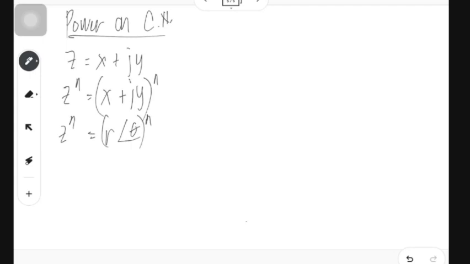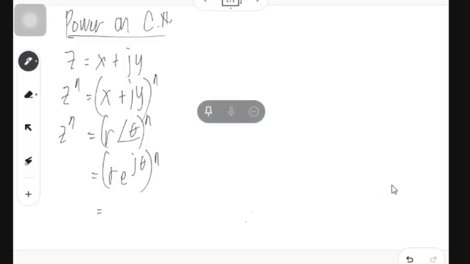So what we have to do is to convert polar into exponential. And under the exponential form, you have r e to the j theta. But your theta here is already in radian, unlike in polar, where it is in degrees.